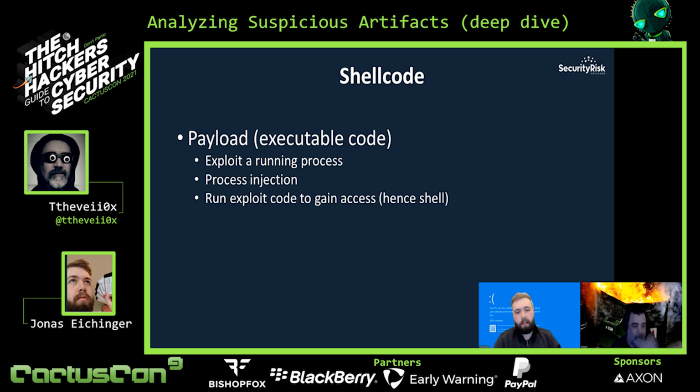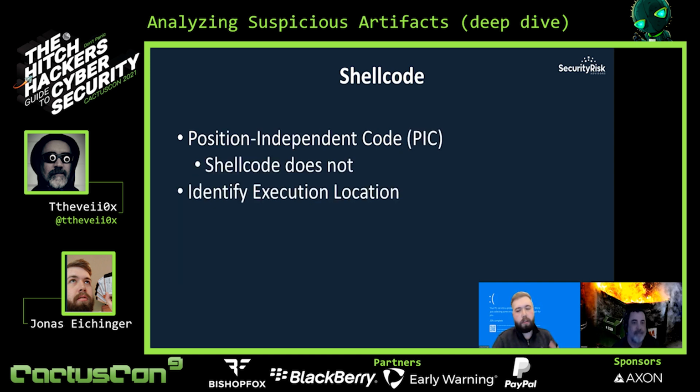So the name itself kind of comes from the fact that this type of code, this malicious code, is usually used as an initial entryway to give an attacker remote shell access, hence the name shellcode. Even though it might not be opening up a reverse shell necessarily, that's the lineage of the term shellcode.